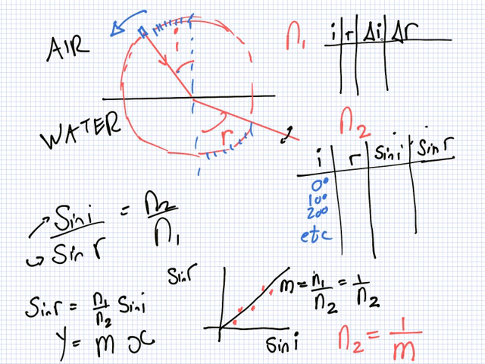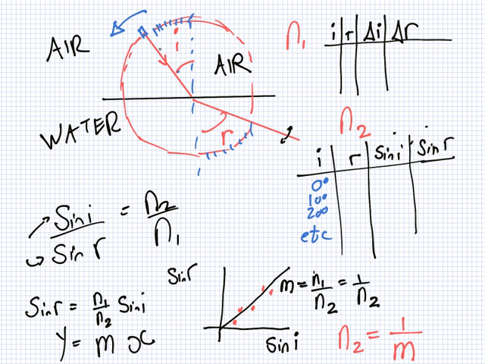It's an error. The error on the i should be quite small and the error on the r is quite big. If this is air, then this isn't really moving. So you should be quite accurate, but you're never 100% accurate.